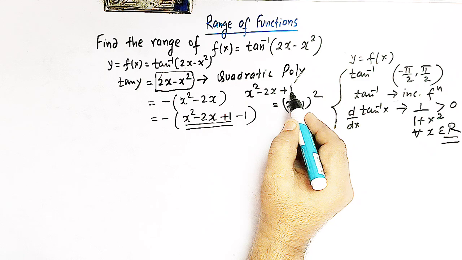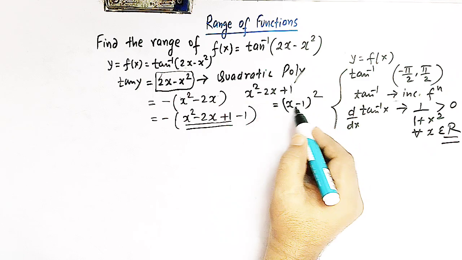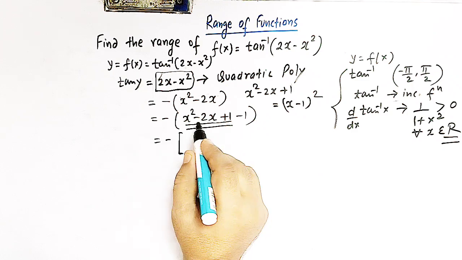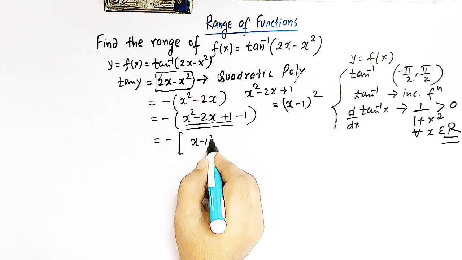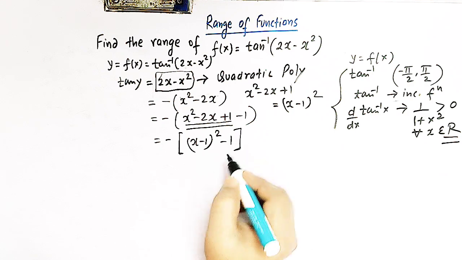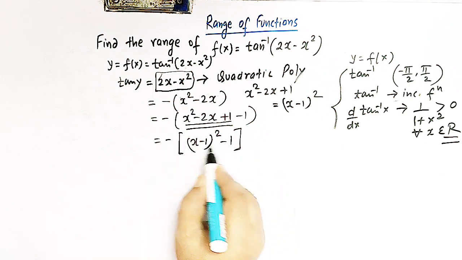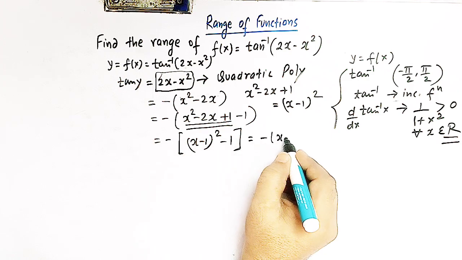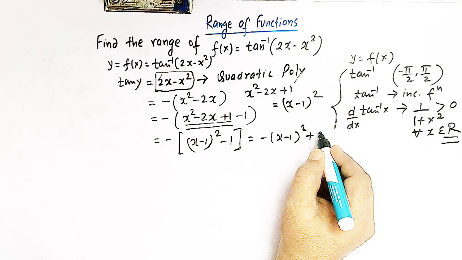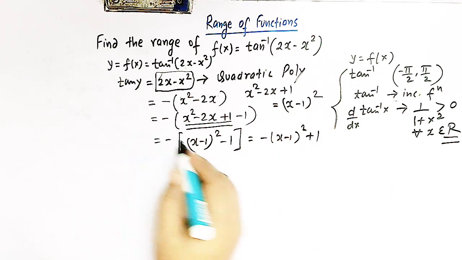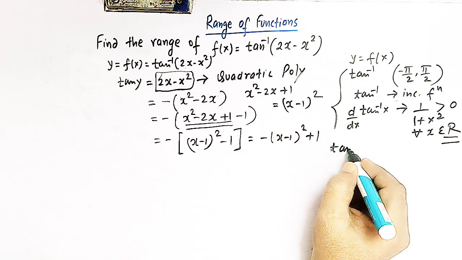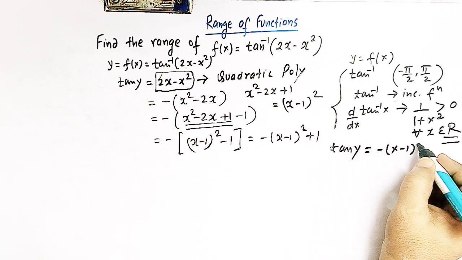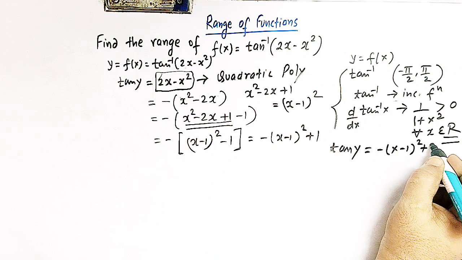So we have a square plus b square minus 2ab, that is minus 2x. So now we can write this term as x minus 1 square minus 1. So now multiplying these two terms by this negative sign, we have minus of x minus 1 square plus 1, right? So what we have done here, we have expressed tan y as minus x minus 1 square plus 1.